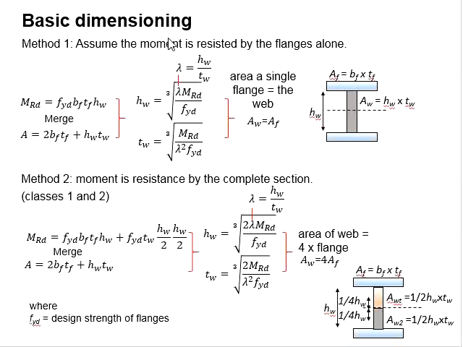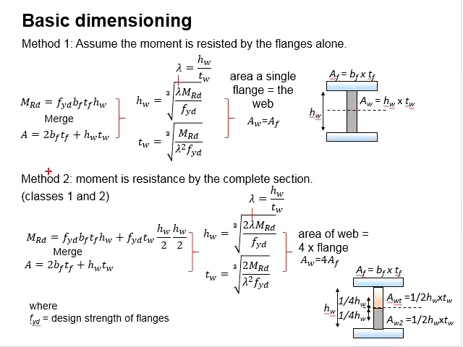On such a basis, the HW and the TW are estimated based on the equations stated here. And normally we will obtain an area of the web that is about equivalent to the area of the flange.